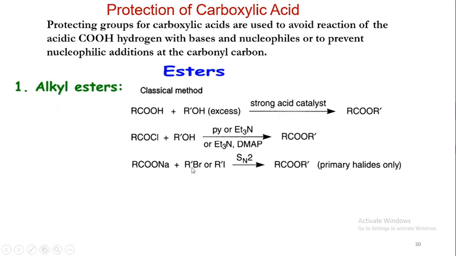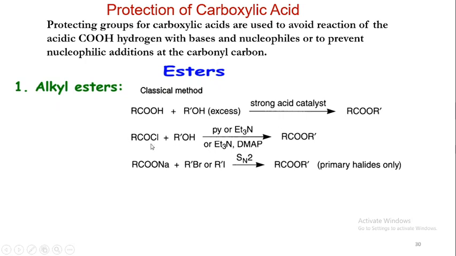These are some classical methods. In the first method, the acid is reacted with alcohol in the presence of a strong acid catalyst and is converted into an ester. This is the simple method, also called Fischer esterification.